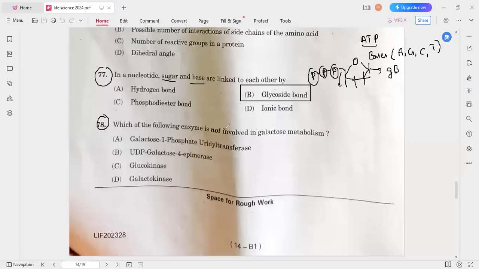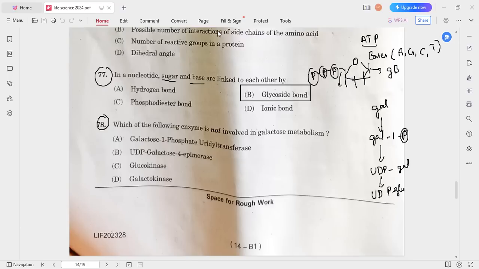Which of the following enzymes is not involved in galactose metabolism? Okay. So now write about the metabolism of galactose. Galactose is converted into galactose 1 phosphate, and this galactose 1 phosphate is converted into UDP galactose, and this UDP galactose is converted into UDP glucose.